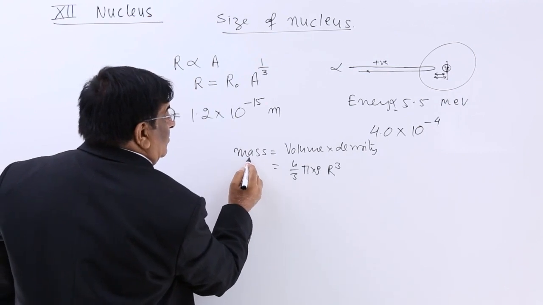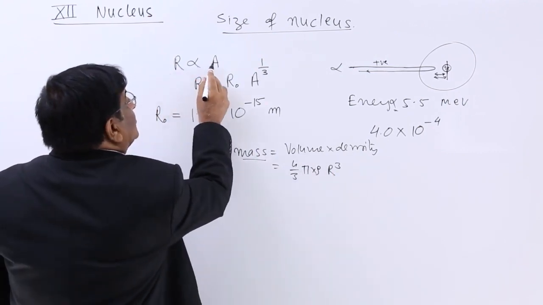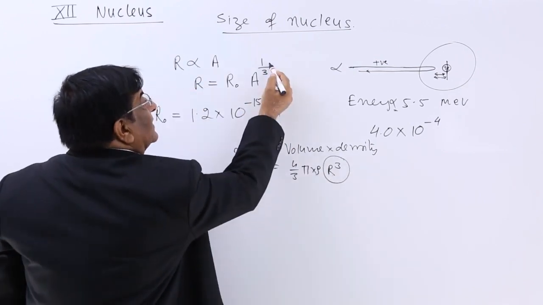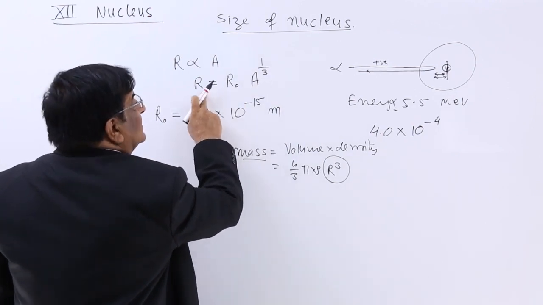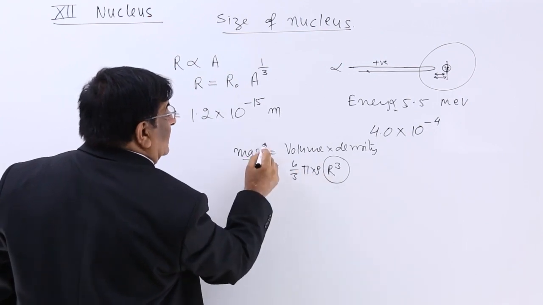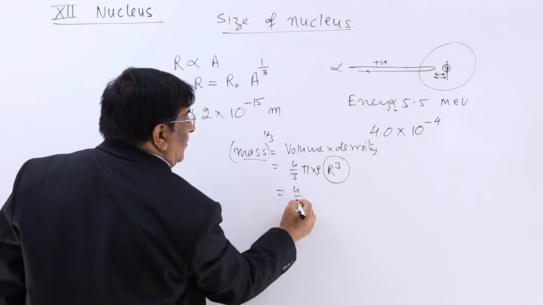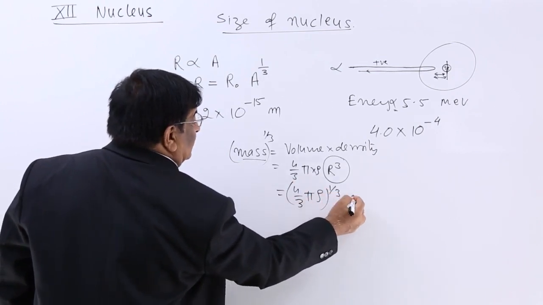So mass is proportional to r cube. So r should be proportional to mass to the power 1/3. That is why this 1/3 is here. Now dimensions are matching. So radius is equal to mass to the power 1/3.